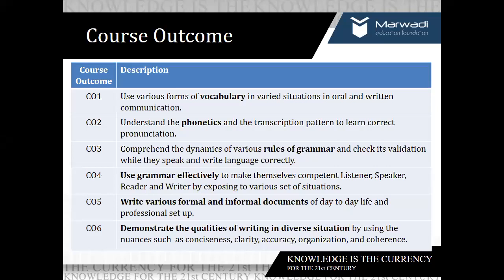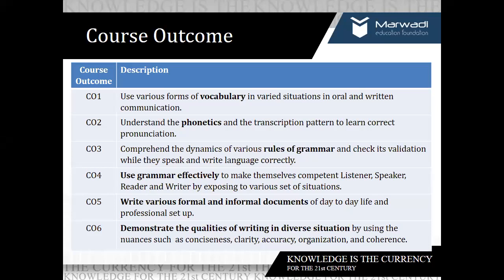And CO3, that is, comprehend the dynamics of various rules of grammar and check their validation while they speak and write language correctly. That means this course aims that students should understand the rules of grammar, and they should know what is right and what is not right when they write and speak.